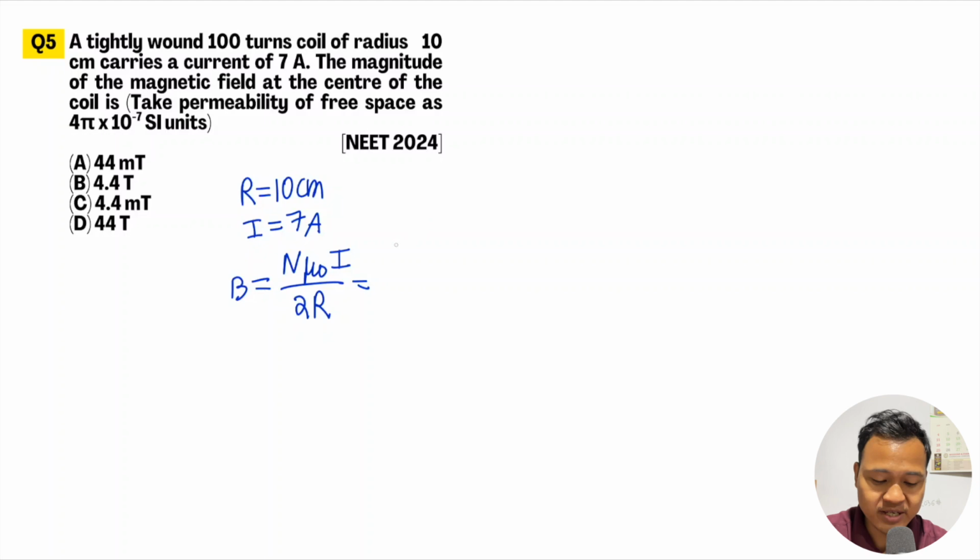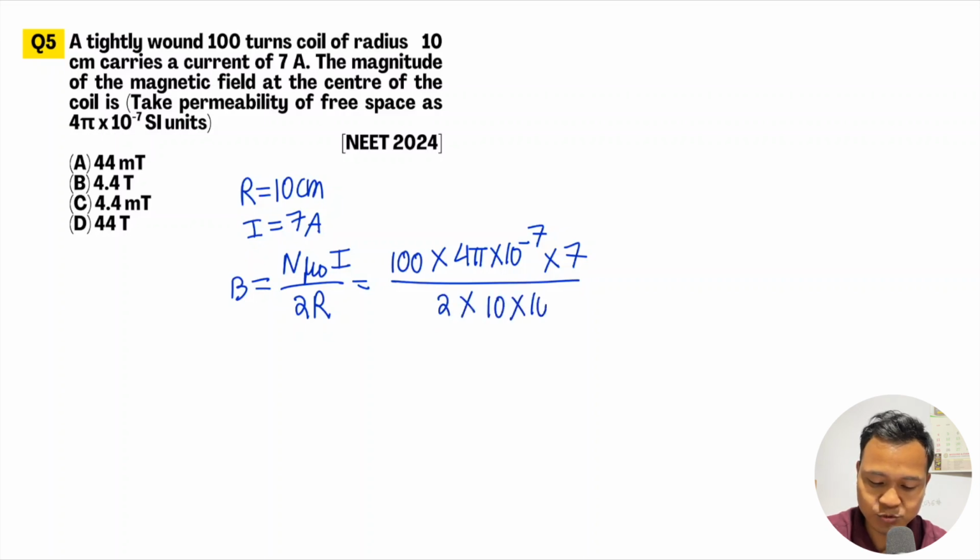Here n is 100. So 100 into 4 pi into 10 power minus 7 into current 7, divided by 2 into radius 10 centimeter, 10 into 10 power minus 2. Solve this one. So 2 fours are 4. Pi is 22 by 7.